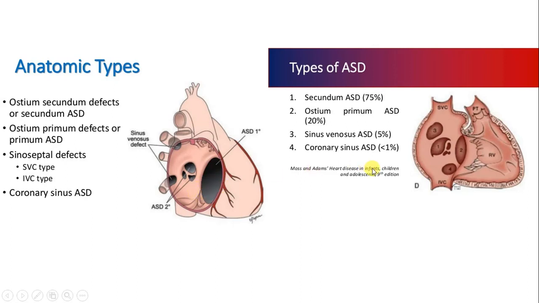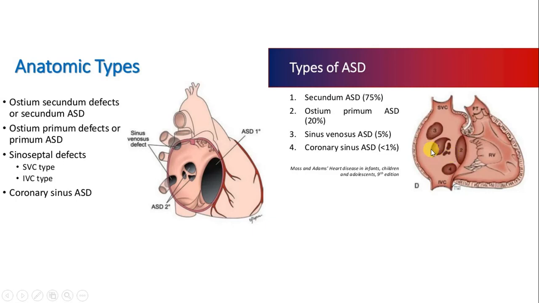So here the four sites have been shown. First is the secundum, 75%, ostium primum 20%. Here are the 1, 2, 3, and 4. Number 1 is the defect in the ostium secundum, 75%. Number 2, ostium primum, 20%.